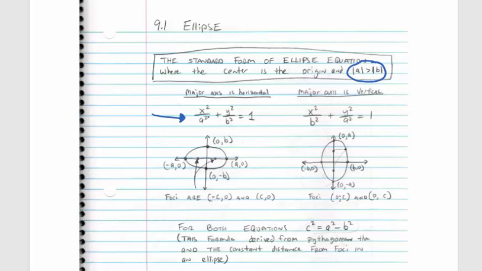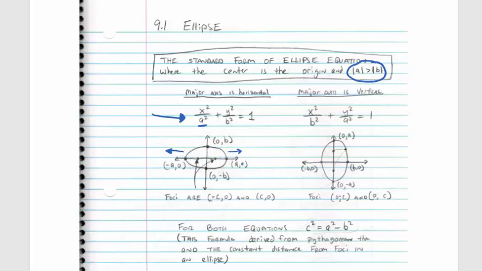So if A is greater, then we are going to stretch our ellipse horizontally and create a major axis parallel to the x-axis, or in this case, since it's centered at the origin, right on the x-axis. So if A is larger here under our x, we know we're stretching the ellipse this way.